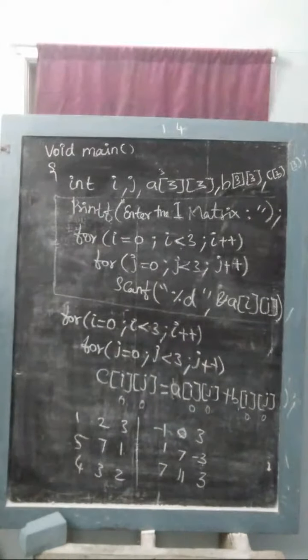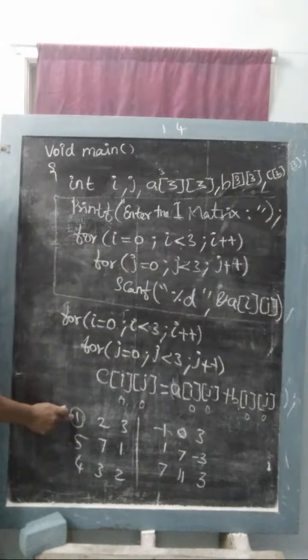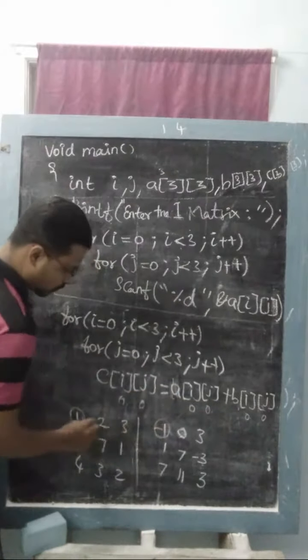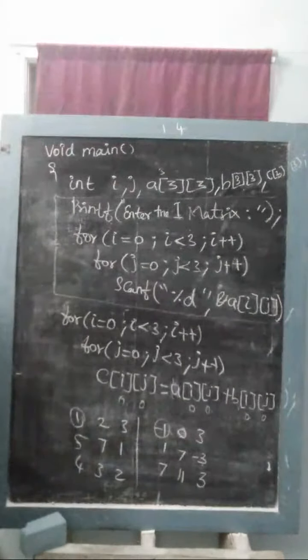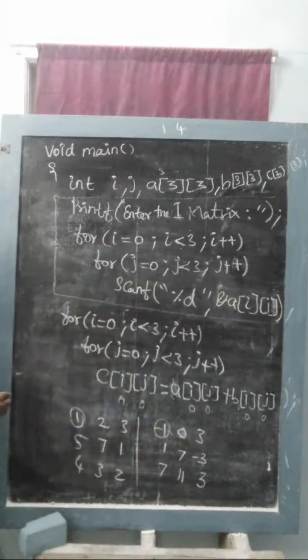Now just make it like that. So this is position 0 0 of A and 0 0 of B matrix, and then 0 1 and 0 1. We have to add both the matrices.